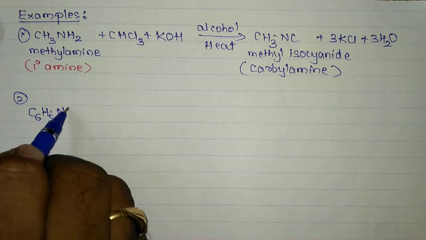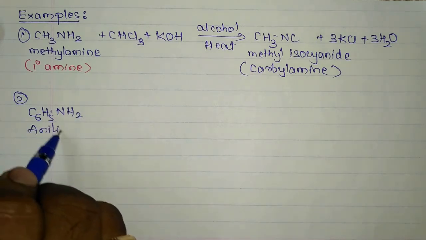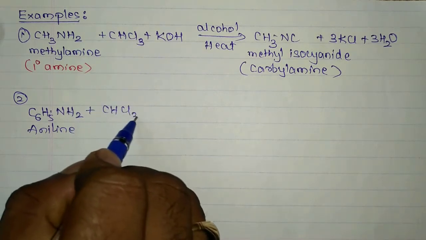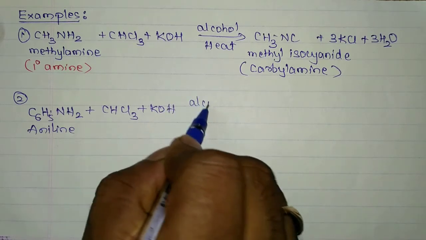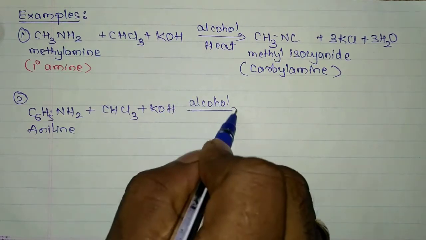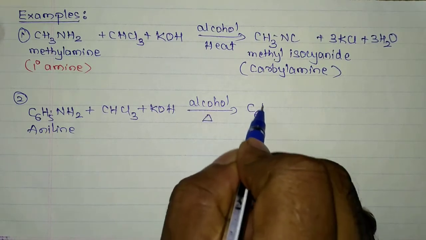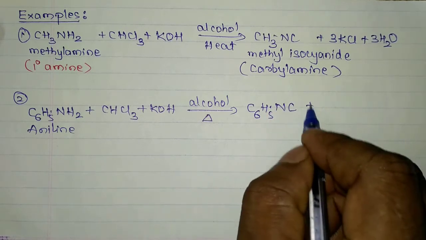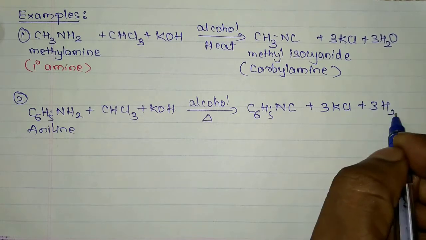C6H5NH2, this is aniline, reacts with chloroform and alcoholic KOH solution. Just heat it, and you are going to get phenyl isocyanide, C6H5NC, plus 3KCl plus 3H2O.